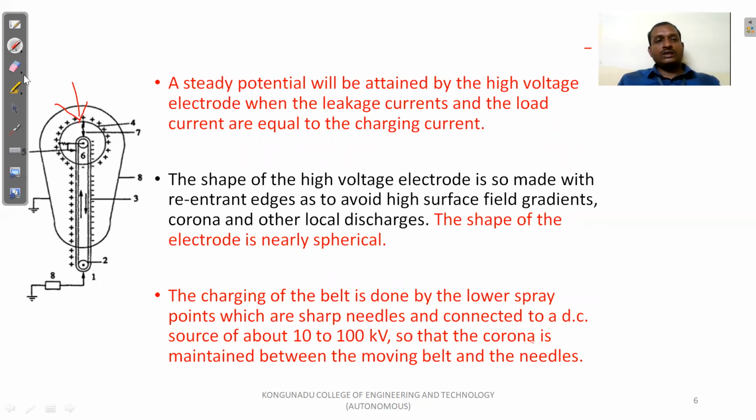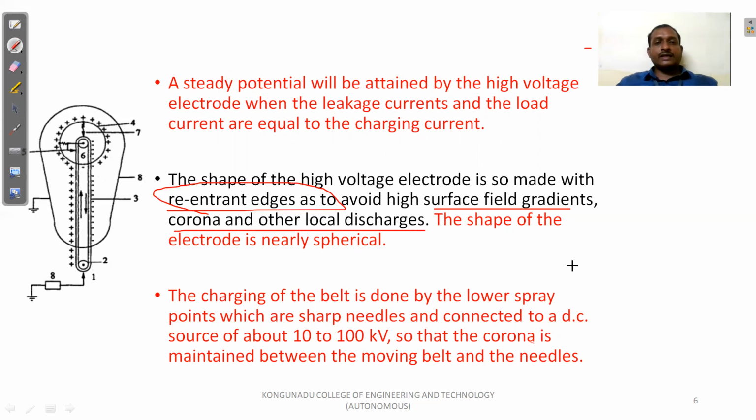The shape of the high voltage terminal is made with re-entrant edges. This shape with re-entrant edges avoids the high surface field gradient, corona and other local discharges. To avoid these, the special design of re-entrant edges is made in the high voltage electrode.